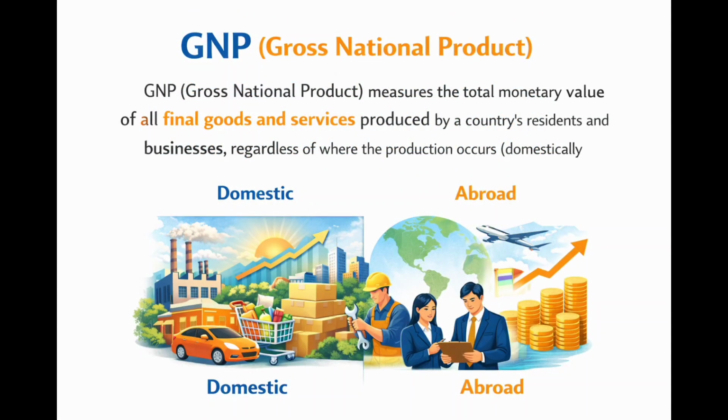GNP, gross national product, measures the total monetary value of all final goods and services produced by a country's residents and businesses, regardless of where the production occurs, domestically or abroad.